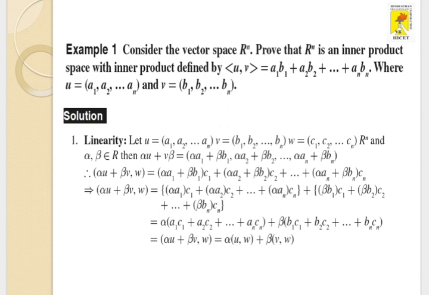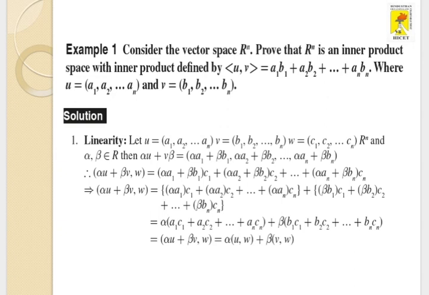Alpha terms are alpha a1 c1 plus alpha a2 c2 plus etc. alpha an cn, plus beta b1 c1 plus beta b2 c2 plus etc. beta bn cn. Now collect all the alpha terms, alpha into (a1 c1 plus a2 c2 plus etc. an cn) plus beta into (b1 c1 plus b2 c2 plus etc. bn cn).